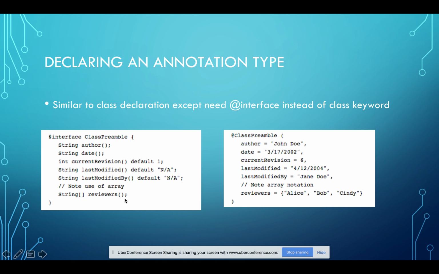So let's say I wanted to have an annotation at the top of all of my code, just saying that the author is this, the date's going to be this. This is a way of saying exactly what the annotation is going to be, and then this is what you would actually be putting above your method, so that way you can provide extra information.